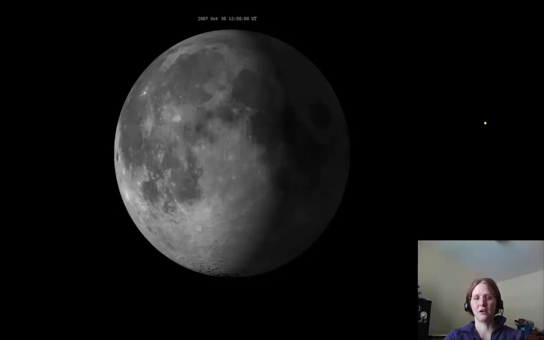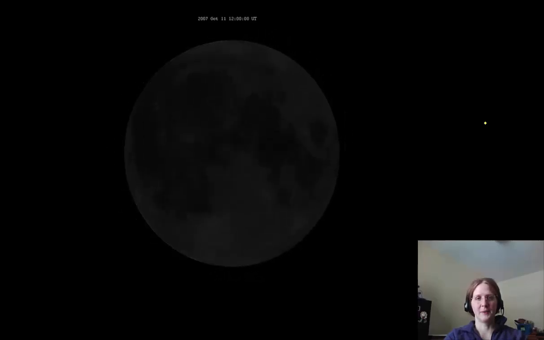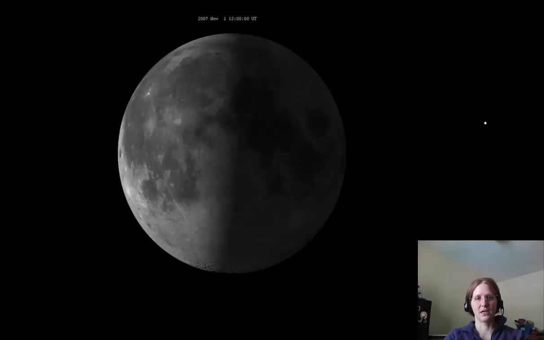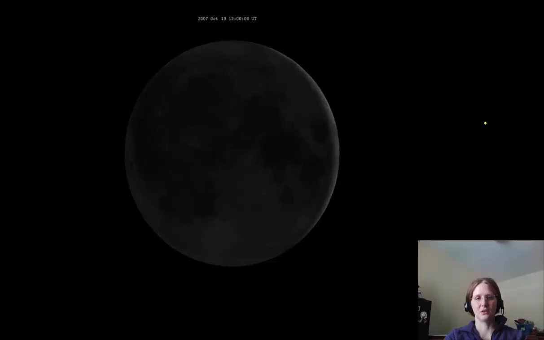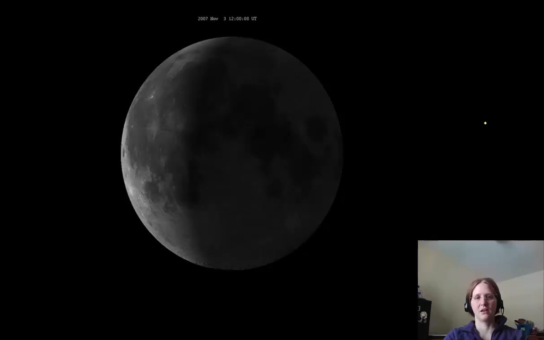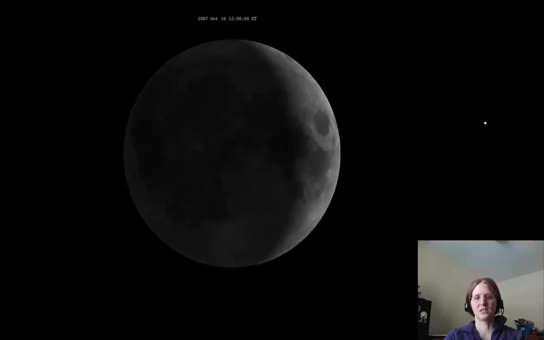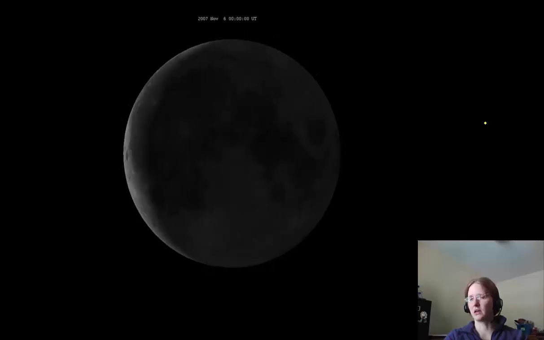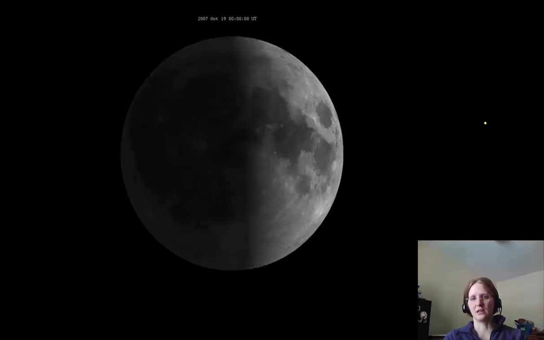The moon's orbit is not a perfect circle. And so if you were to time lapse the moon through an entire orbit, it would look like this. It gets bigger and smaller just as it gets closer and further from the Earth. And it wobbles a little bit just because the orbit is slightly elliptical.